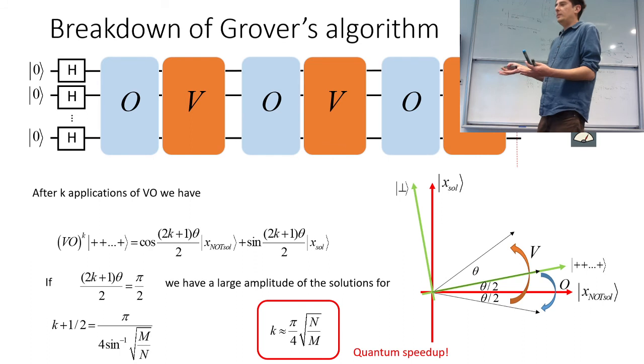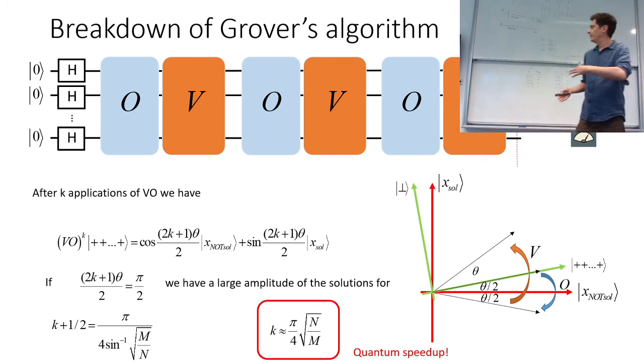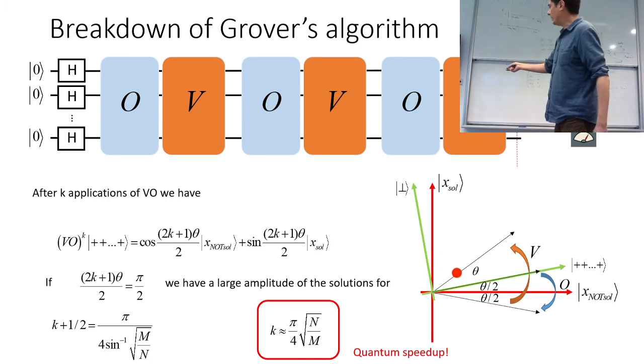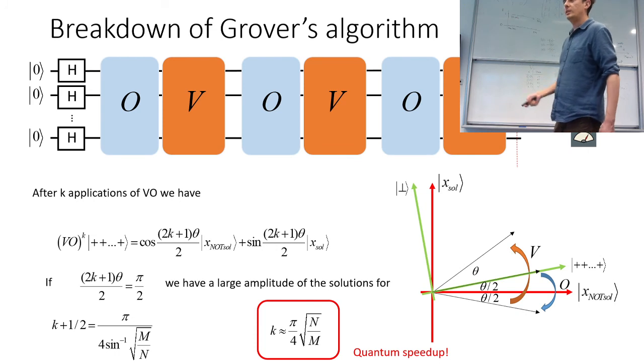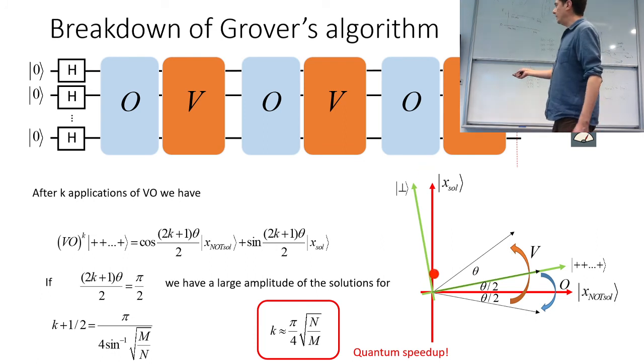If that angle isn't a multiple, such that it doesn't end up pointing exactly along this solution direction, then you won't get 100% probability in this solution state.